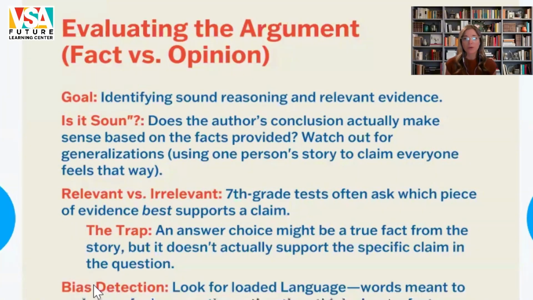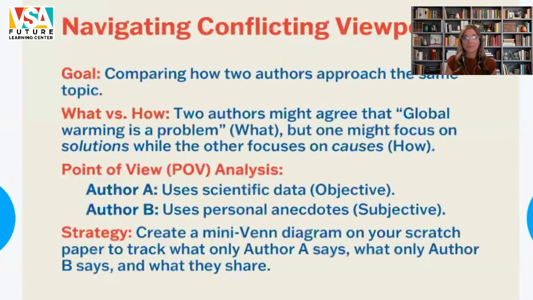Look for loaded language, words meant to make you feel an emotion, rather than thinking about the facts that are stated. This is a distraction technique. And if you are going to be really critical thinkers, then you want to make sure that you're dodging those distraction techniques. You're not going to let emotionally charged words distract you from the facts that are presented.